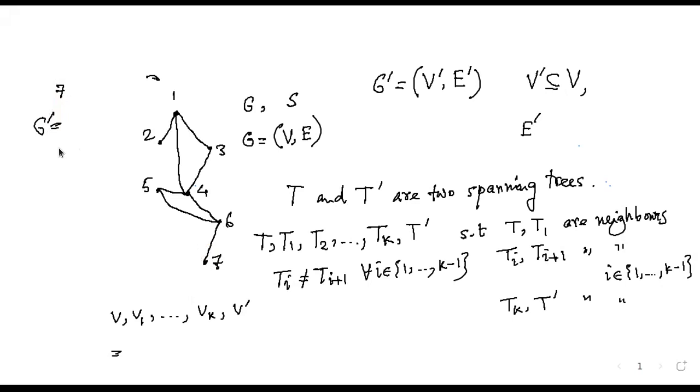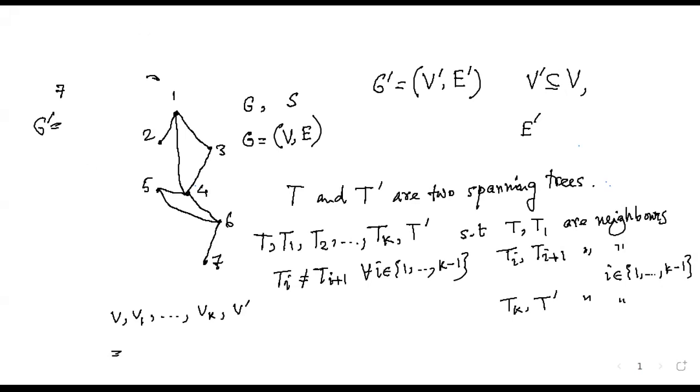Ma'am, actually by the question, G prime is a graph which has spanning trees as vertices. Let S be the set of all spanning trees of G. Then G prime is a graph constructed on these vertices S, with edges defined between T and T dash when they are neighbors.